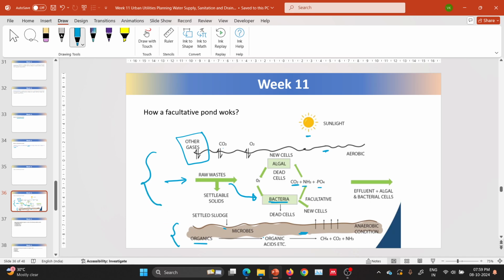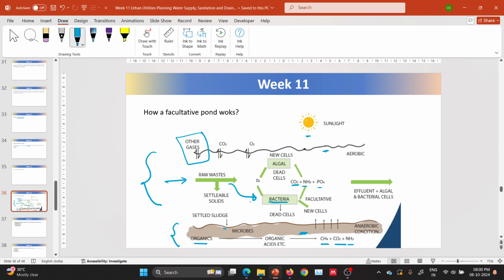In the anaerobic process, organic alcohols and acids are produced, and further methanogens will convert these organic acids into methane, CO2, and ammonia, which is further taken up by the algae. In the presence of sunlight, the algae will grow and produce oxygen that is further utilized by the bacteria.